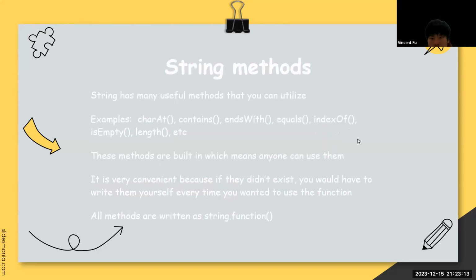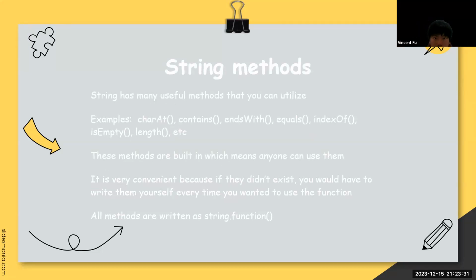So strings have a lot of methods. There's probably maybe 40, 50 methods. They're all pretty useful, but I'll mostly be going over the commonly used ones that are super useful.